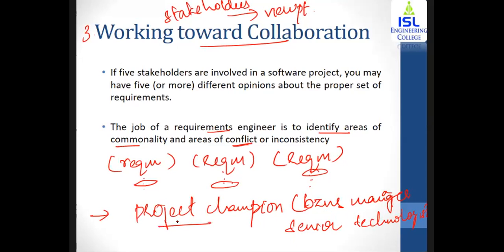This project champion has the final decision on which requirements are going to make the cut, that is, which requirements are going to stay within the project. So the project champion is going to identify the final requirements that are going to be in the software. So that is the third point, working towards collaboration.